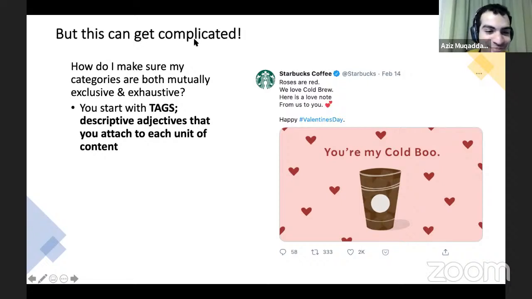Anyhow, Starbucks. So to come up with categories, the easiest way, when you're starting with open coding, is to generate tags for the unit of content you're analyzing. Tags are the easiest way to start. They're just adjectives, like website tags. If you're reading a story on BuzzFeed, for instance, and you roll down to the bottom, or even on YouTube, they have tags.